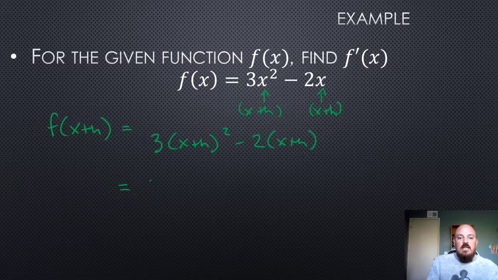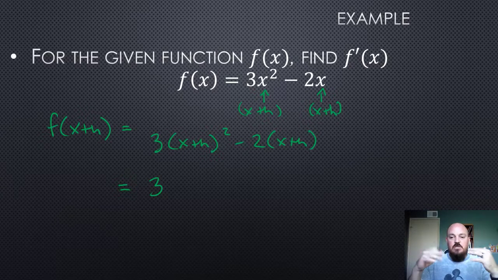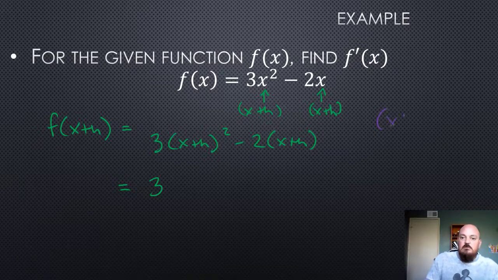When you go to clean that up a little bit, remember this is a common mistake: you can't distribute the exponent here. X plus h in parentheses squared doesn't just equal x squared plus h squared. A lot of people do that and that's the mistake. X plus h squared means, and I'll switch colors so it stands out, x plus h times x plus h. Then you have to multiply it out.